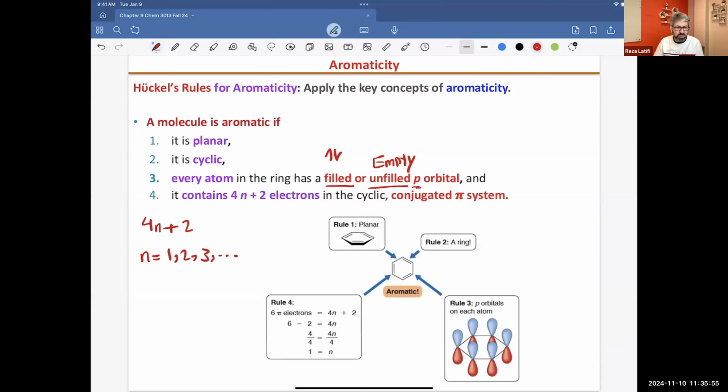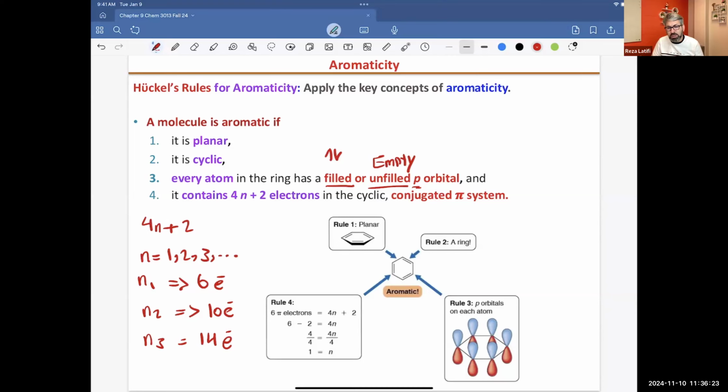You cannot have a fraction. If n is 1, the number of electrons is 6. For n equal to 2, the number of electrons is 10. And if n is 3, 4 multiplied by 3 is 12, plus 2, it will be 14 electrons. So you calculate the pi electrons, and if the pi electrons follow 4n plus 2, we say the molecule is aromatic.